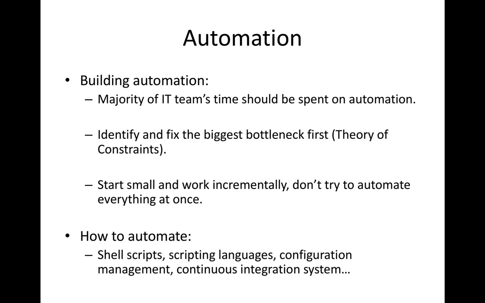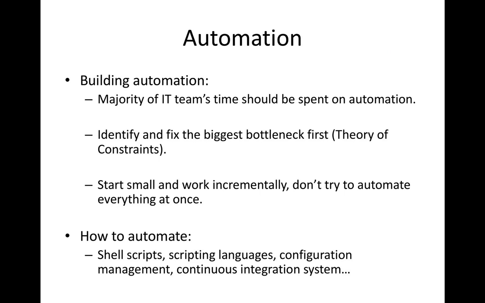So in your IT organization, one of the questions I'm oftentimes asked is, how much of my team's time should be spent on automating things? One of the biggest problems in most IT organizations is that the engineers spend a lot of their time, maybe most of their time, fighting fires.